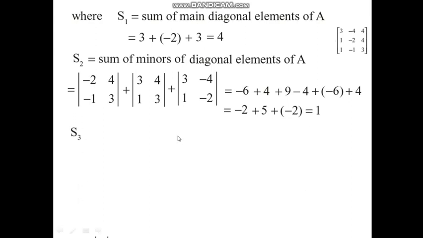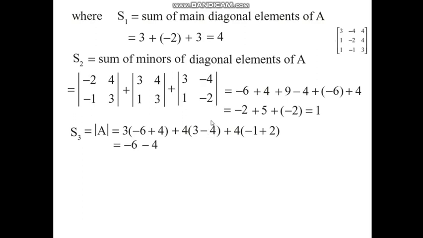So S3, the determinant of the matrix A, according to first row expansion: 3 times (-6 + 4), minus (-4) times (3 - 4), plus 4 times (-1 + 2). Simplify it.